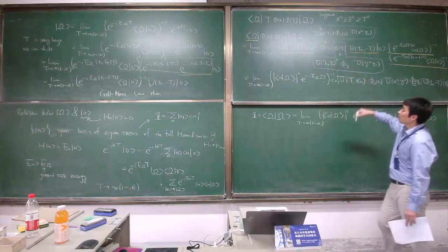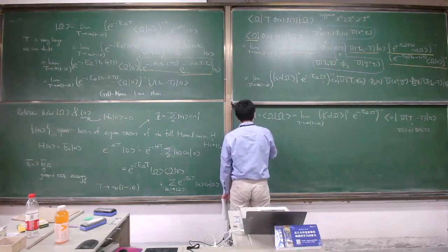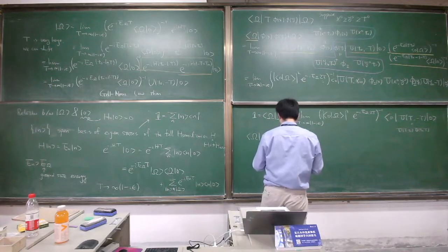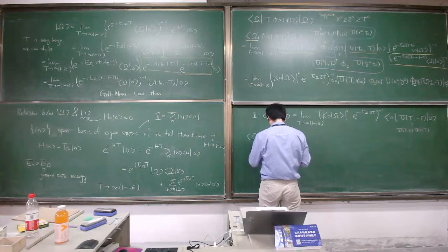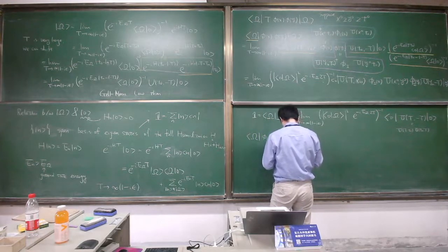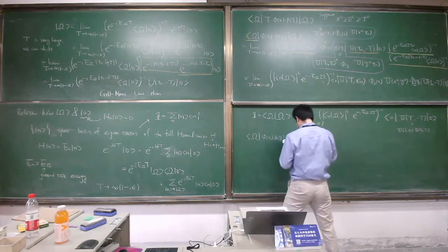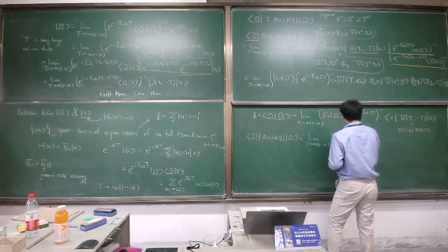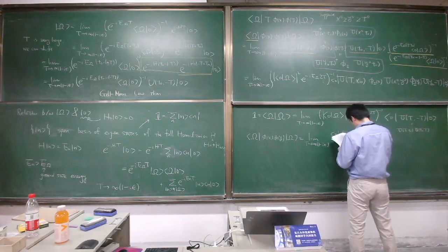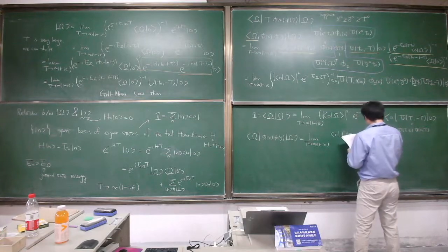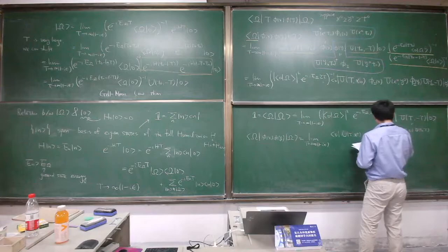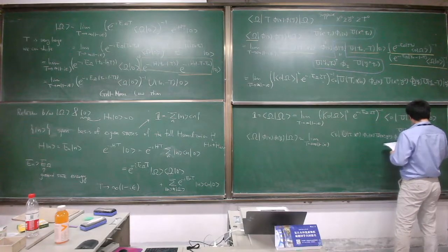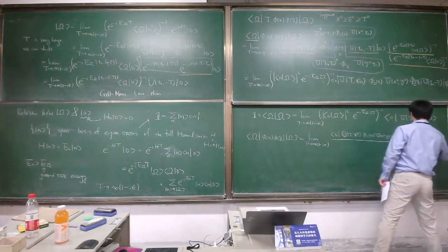So therefore, if you take a ratio between them, what we have is that the two-point function in the interaction theory is indeed given by 0, U(T, x naught), phi I of x, U(x naught, y naught), phi I of y, U(y naught, -T), 0 in the numerator, and in the denominator you have a simple factor.